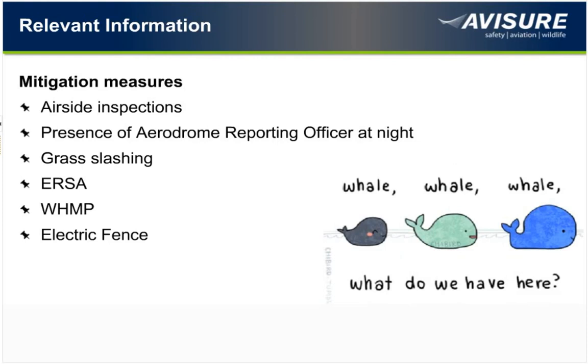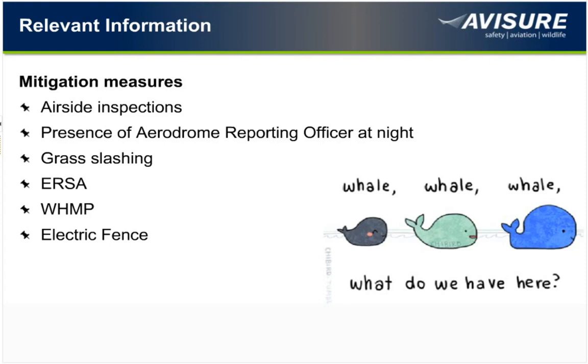So with this, the aerodrome operator understood that kangaroos were a hazard and therefore put in some mitigation measures. So there were airside inspections, serviceability inspections. They were meant to actually increase their inspections when numbers of kangaroos were on the rise. There was a presence of an aerodrome reporting officer at night.